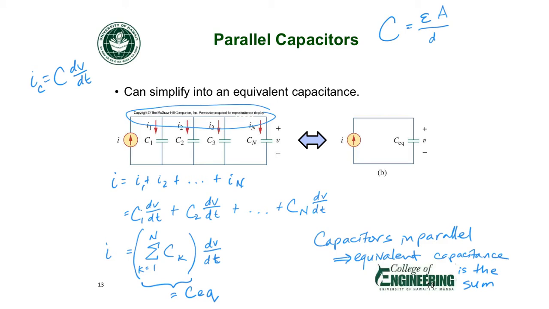If I have 10 capacitors in parallel, that combination is going to have 10 times the area of a single capacitor. So it makes sense that as we put capacitors in parallel, the capacitance value should increase. And that tracks with our equation here because we're summing up the capacitance values.